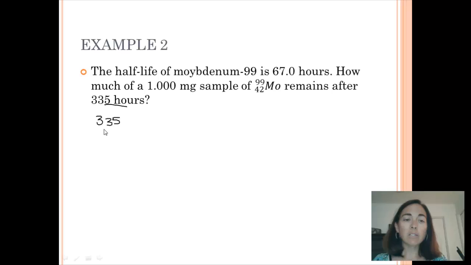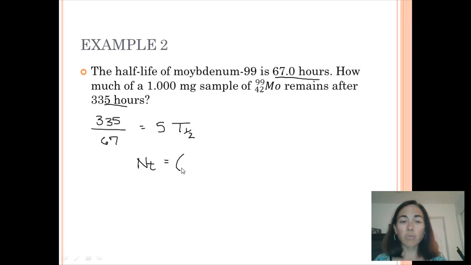I'm just going to divide because I know that 1 half-life for molybdenum is 67 hours. That's given to us there. So 335 divided by 67 gives me a total of 5 half-lives. So the molybdenum goes through 5 half-lives. Let's use our formula to figure out how much of it would be left.